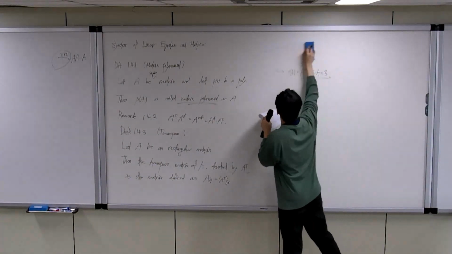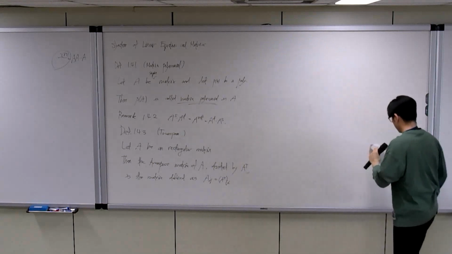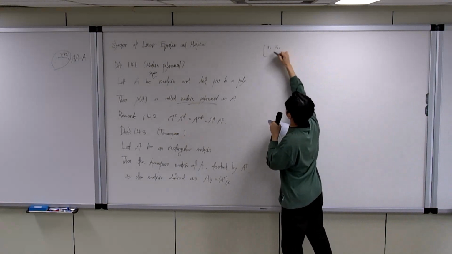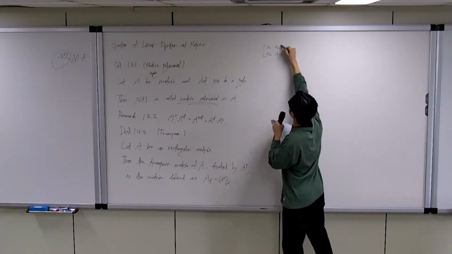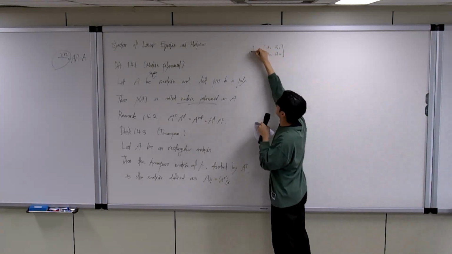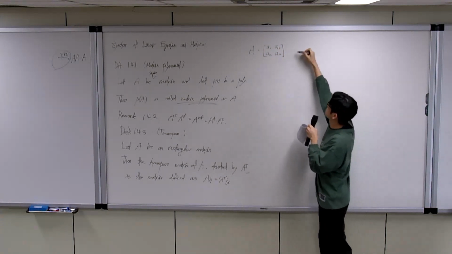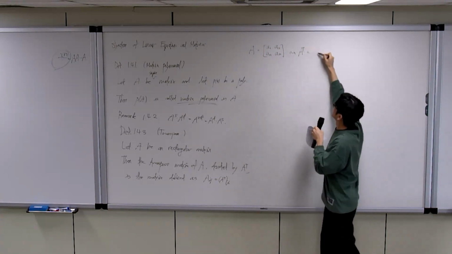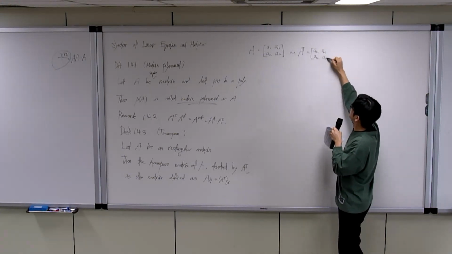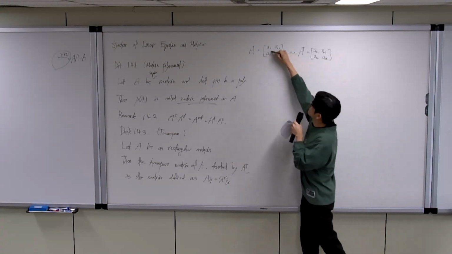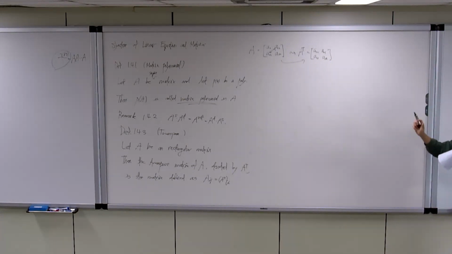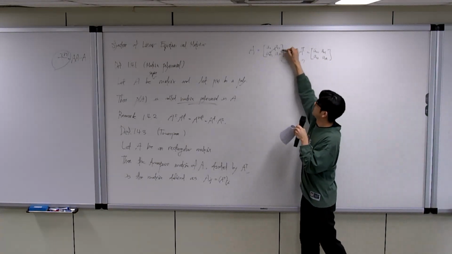Let me give a simple example. Let A be the matrix with entries A11, A12, A21, A22. Then A transpose is A11, A21, A12, A22, so the entries are exchanged.